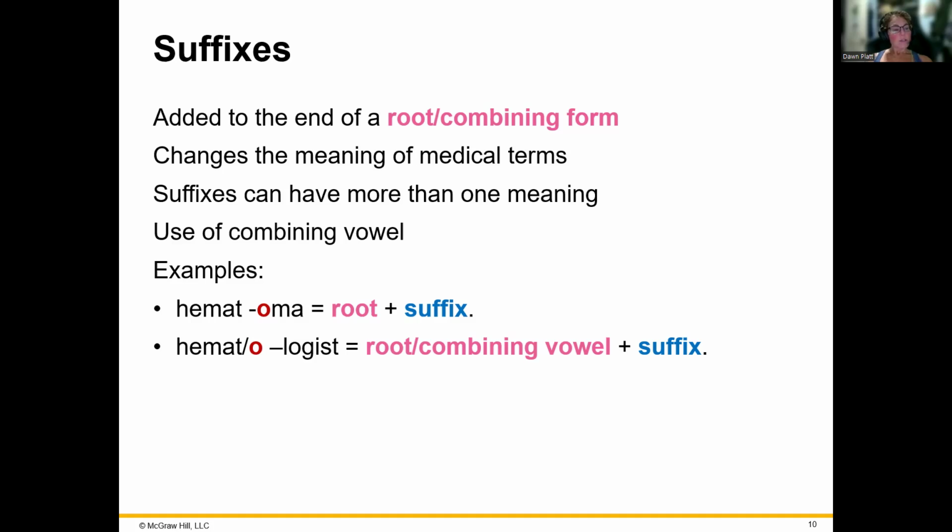So again, there's lots of suffixes on page 11 of your textbook. You will see quite a few suffixes, and it's just going to take memorization to remember them all. There are classifications of suffixes, and the idea is that you just create your flashcards to remember these ones.